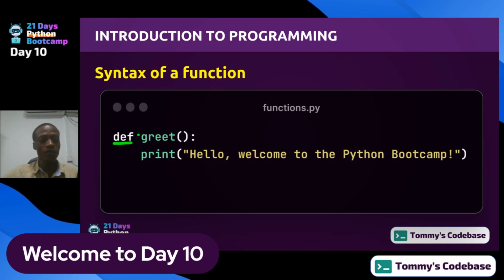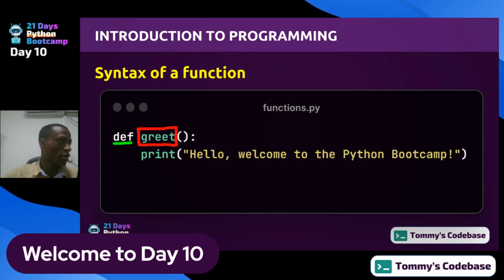And then that one is followed by the function's name, which in our case is greet. And then we also bring this pair of open and closed round brackets. So you have to bring these open and close round brackets and then terminate the declaration of your function with the colon.